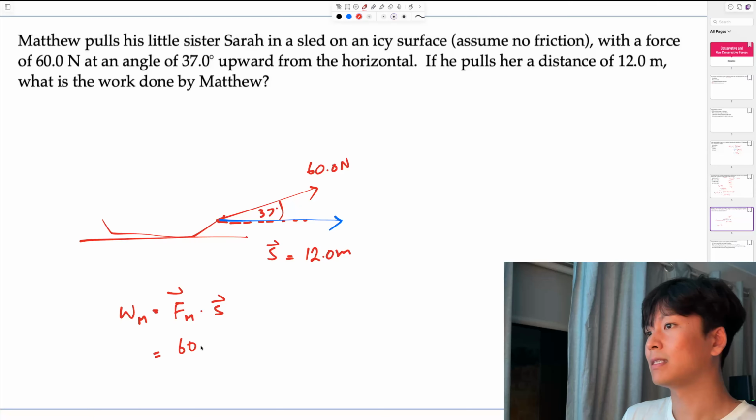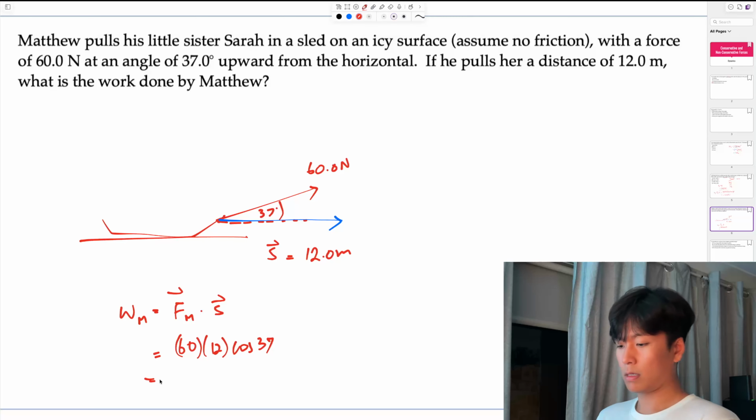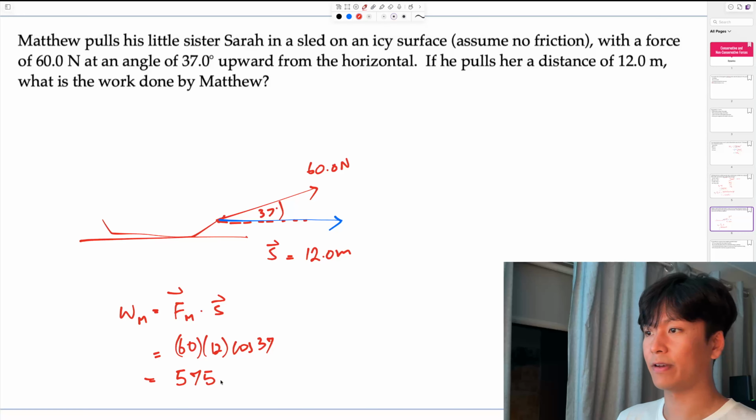That gives me 60 times 12 times cos 37. And so that's going to equal 575.01. So let's just go 575 newtons.